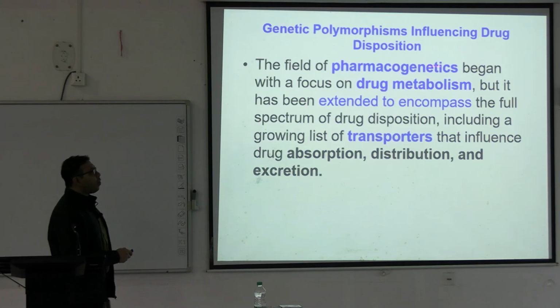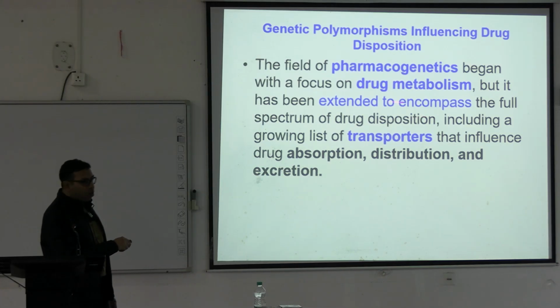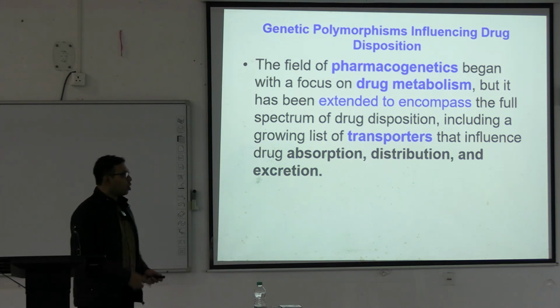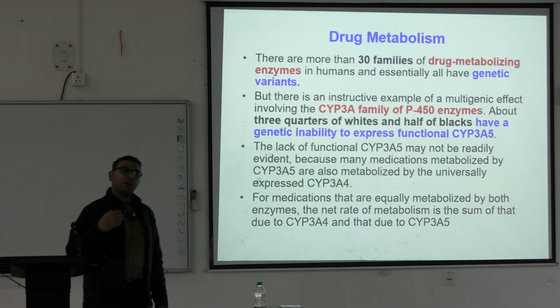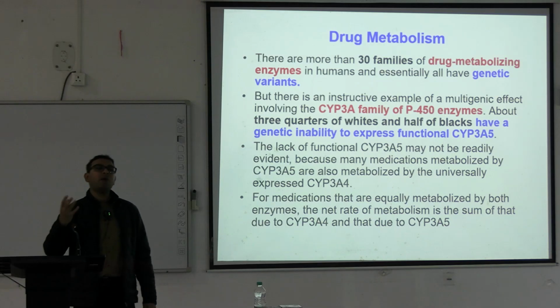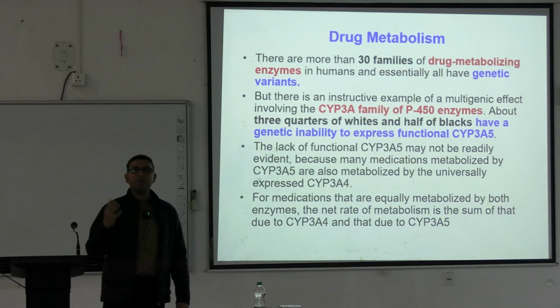The field of pharmacogenetics begins with a focus on drug metabolism first, and that is extended to encompass drug disposition, transporters, absorption, distribution and excretion. Again, the pharmacokinetics we have already seen. For drug metabolism, we have already seen the cytochrome P450 systems, and we have read there may be genetic polymorphism in the cytochrome P450 systems.